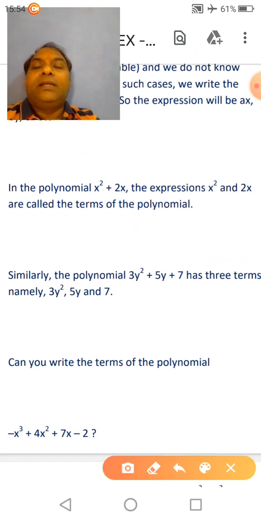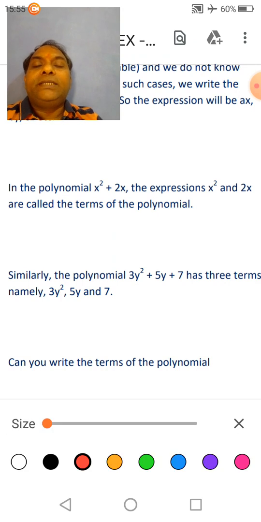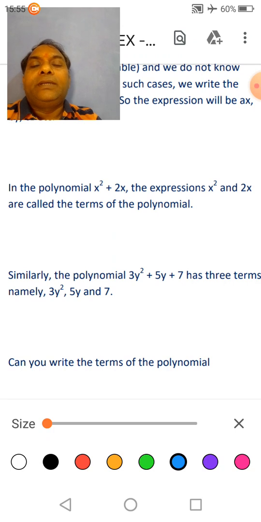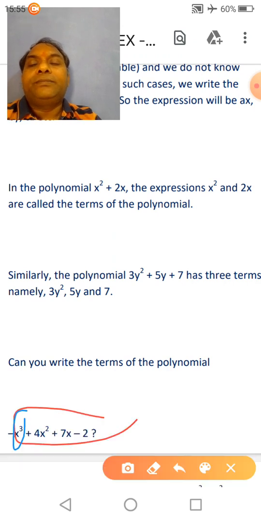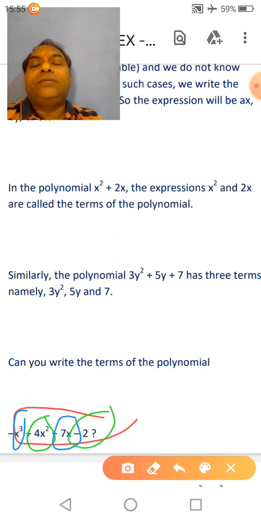x square minus x cube plus 4x square plus 7x minus 2. So in this polynomial there are four terms. First term is minus x cube, second term is 4x square, third term is 7x, and fourth term is minus 2.